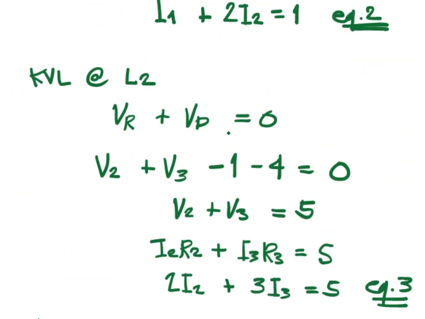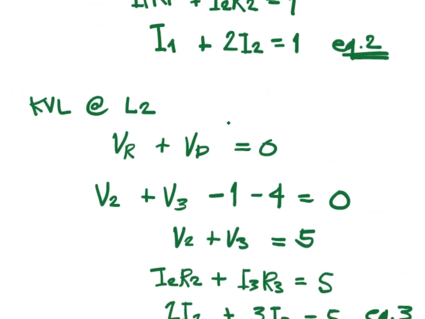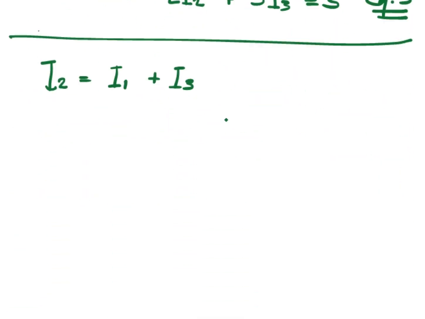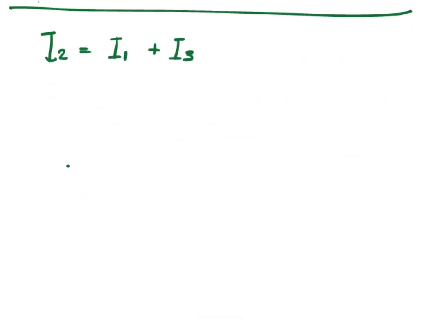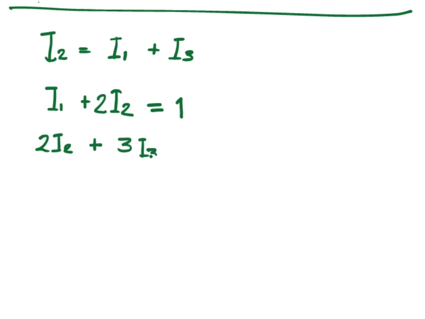Then our equation 2 is I1 plus 2I2 equals 1. And from our equation number 3, we have 2I2 plus 3I3 equals 5.